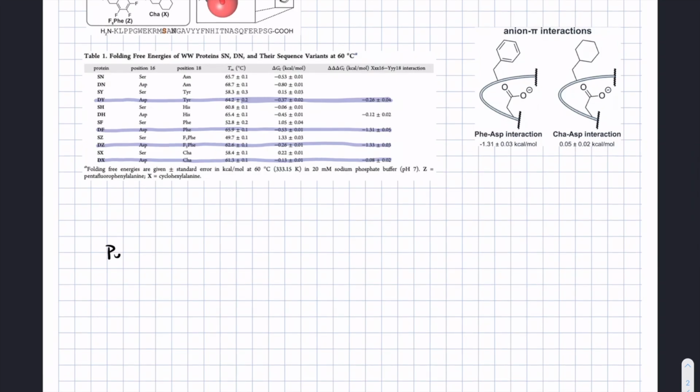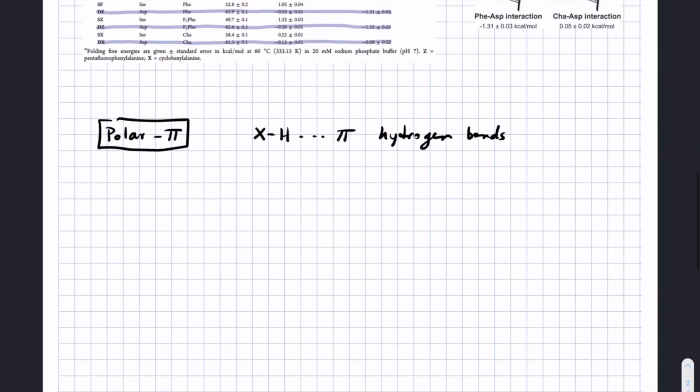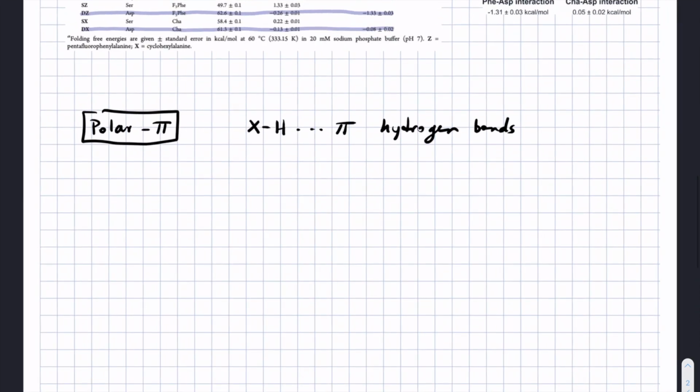Benzene rings are also known to engage in what your text calls polar-pi interactions. Some people call these XH-pi hydrogen bonds, just by analogy to hydrogen bonds. An example of this is, that's not a triple bond, that's a single bond.